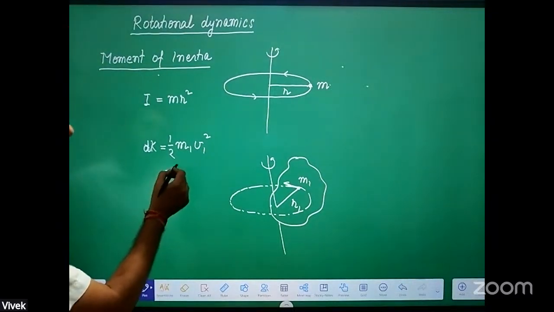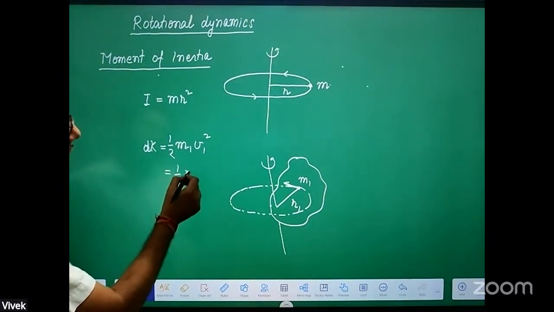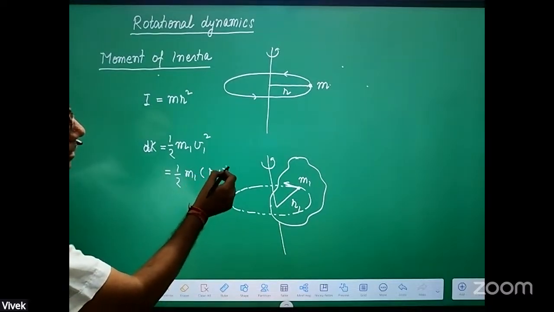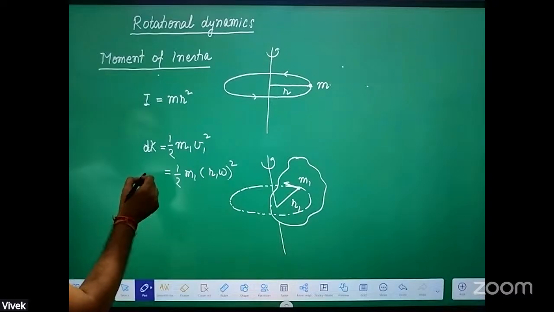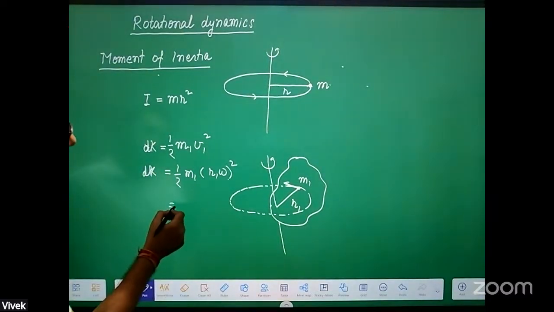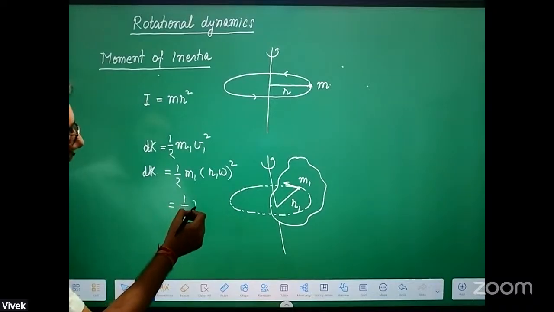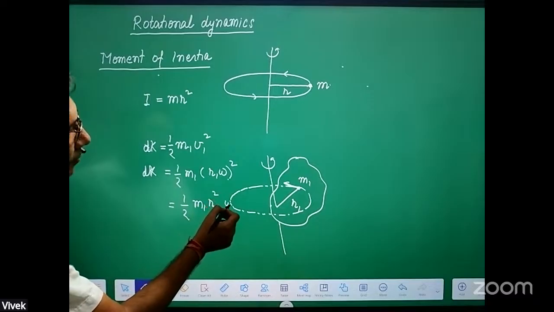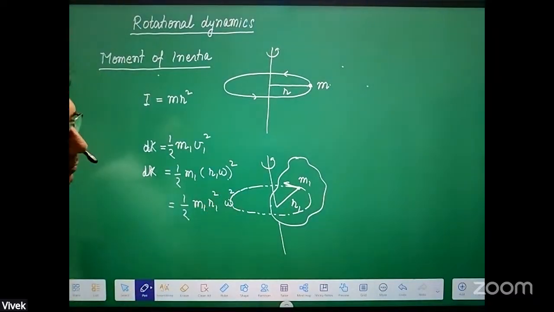So it will be 1 by 2 m1 times r1 omega, squared. So dK will be 1 by 2 m1 r1 square omega square.